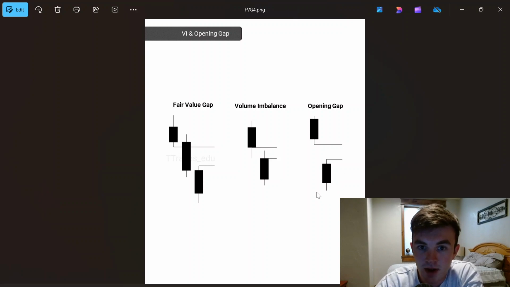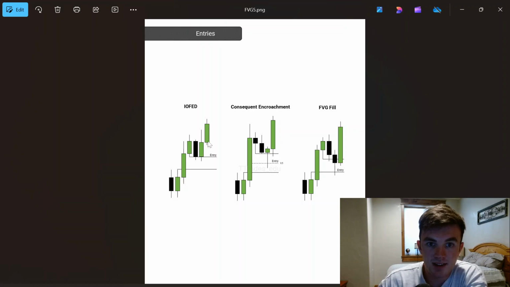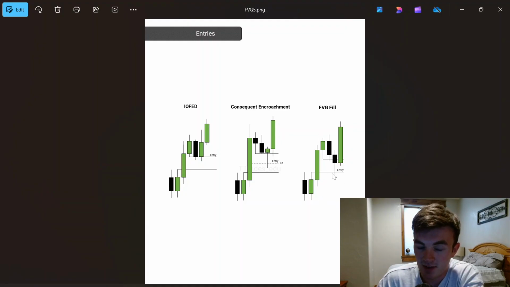There's just two other kinds of imbalances that price also comes to. And then there's different kinds of entries. There's right when price pushes into the gap and then instantly reacts. You can enter at the midpoint of the gap. That's called consequent encroachment. And you can enter once the fair value gap gets filled for an even better entry.